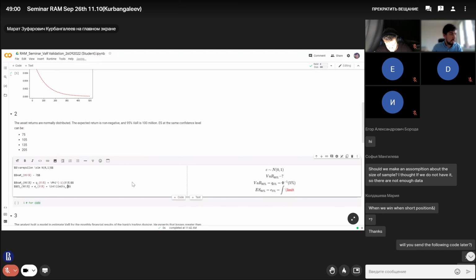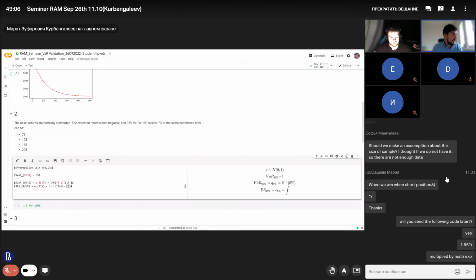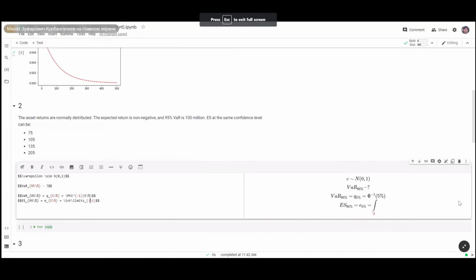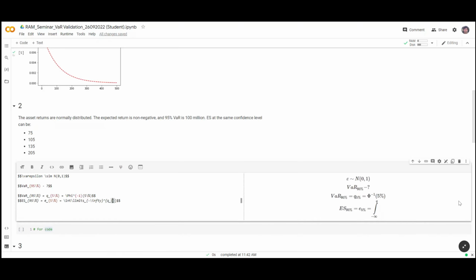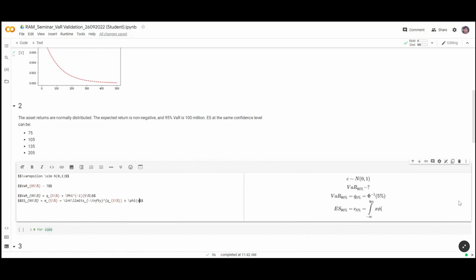And okay, so I'm going to go with minus infinity to the q quantile here. And here I have x multiplied by the density function of the standard normal distribution, right?